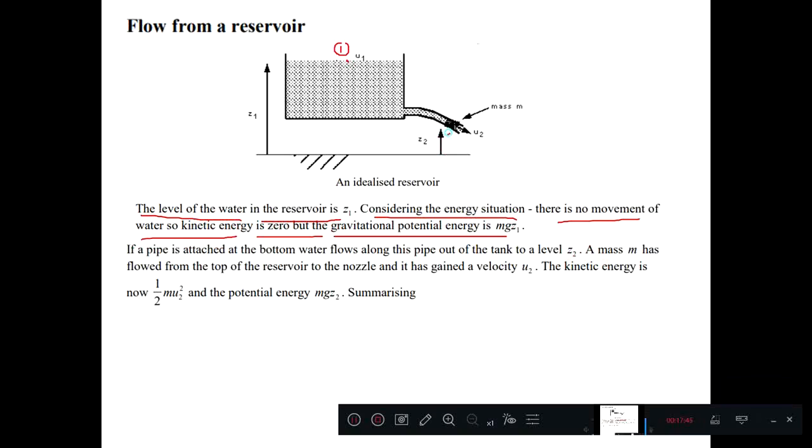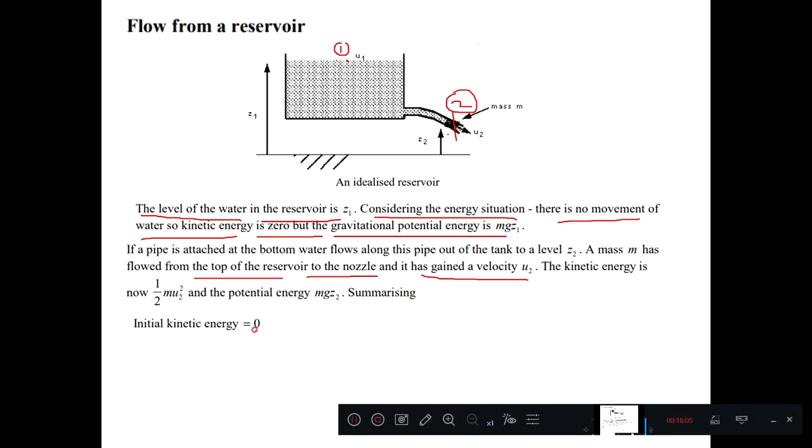At this level, a mass m has flowed from the top of the reservoir to the nozzle, and it has gained a velocity u2 at this position, say this is 2. The kinetic energy is now half mu2 square, and the potential energy is mgz2.